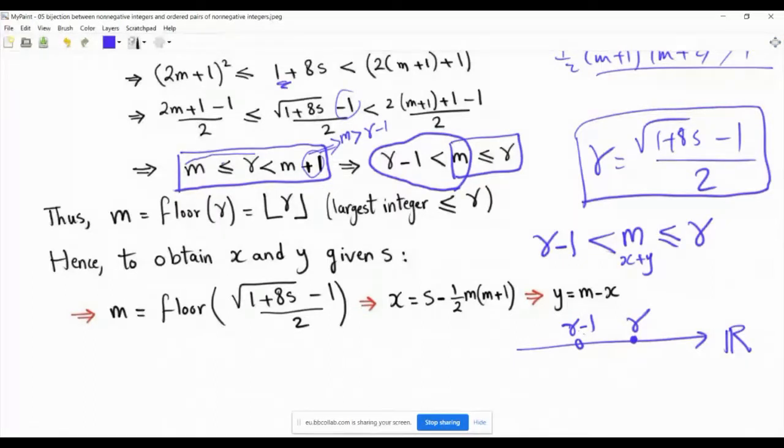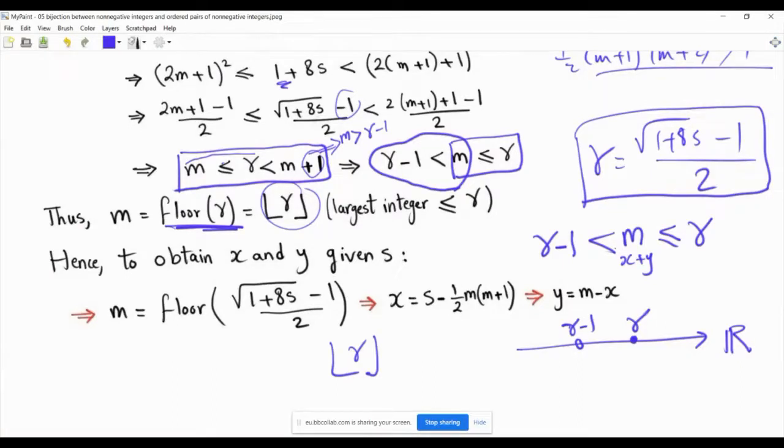How many integers do we have between a real number gamma and the real number gamma minus 1? It is just one integer. And this integer is what we call the floor of gamma. Typically it's denoted like this. If gamma is an integer, then we have the inequality that M is less than or equal to gamma and strictly greater than the integer gamma minus 1. So if gamma is an integer, M is exactly equal to gamma itself.